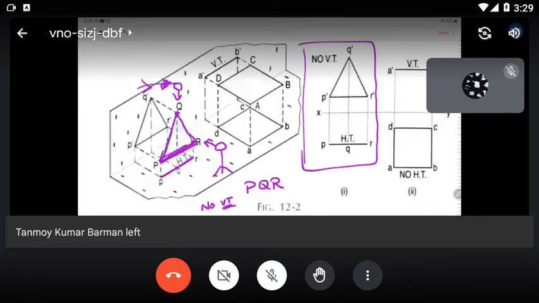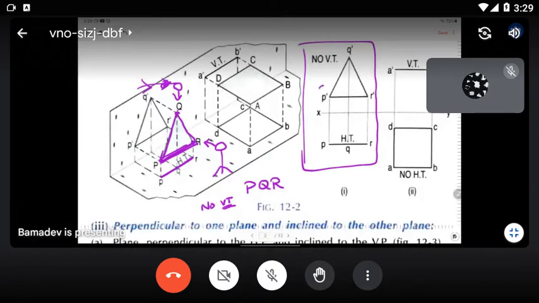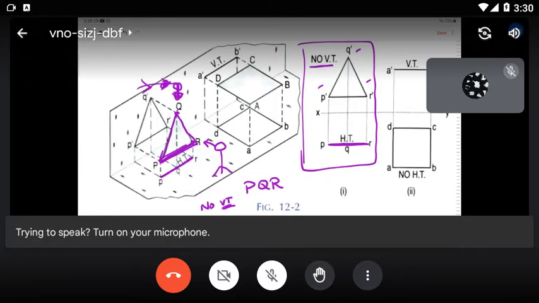In front view, you are seeing the exact triangle P dash Q dash R dash. Here it is written no vertical trace, since it is parallel to the vertical plane. When you are seeing from the top, you are seeing a straight line PQR, and the same straight line is the horizontal trace.